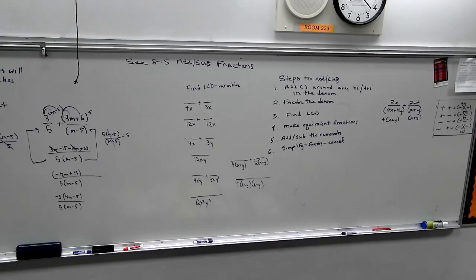But notice there's a negative there. So this negative, you can distribute it right off the bat and make that a negative and make that a positive, and then times everything by 5. That makes it a little bit easier. So that's how I got negative 15m plus 30. Okay? And then I just add the tops together. Okay?